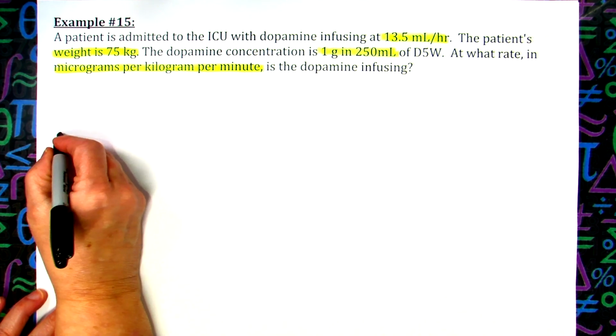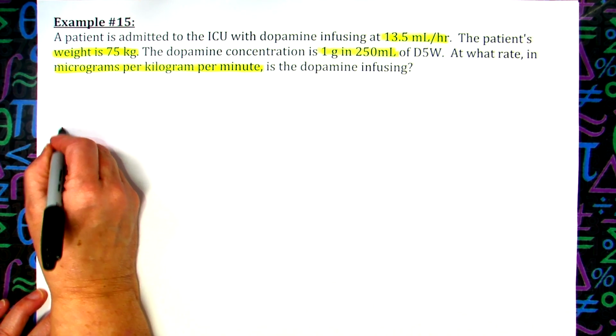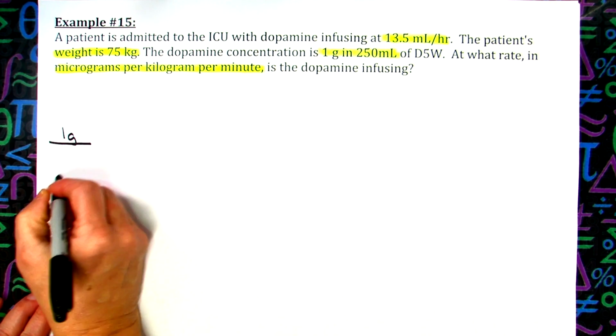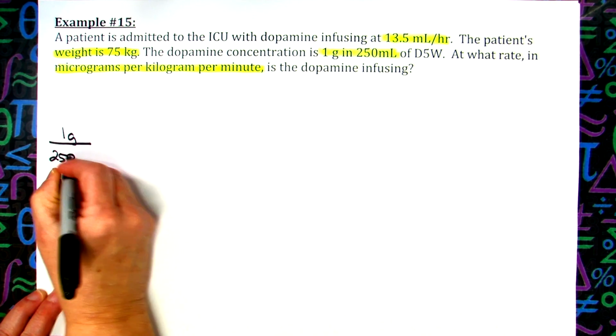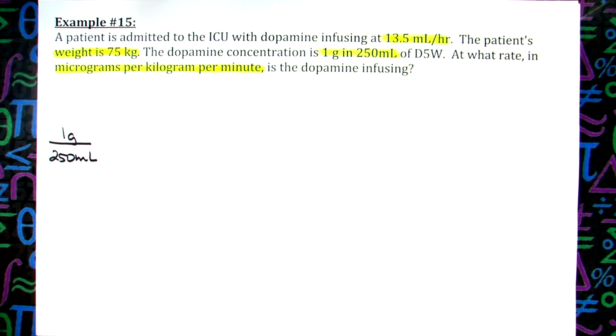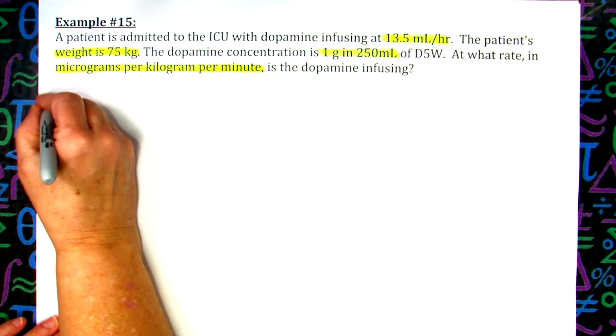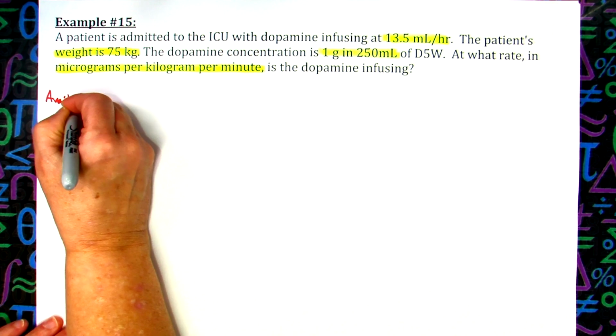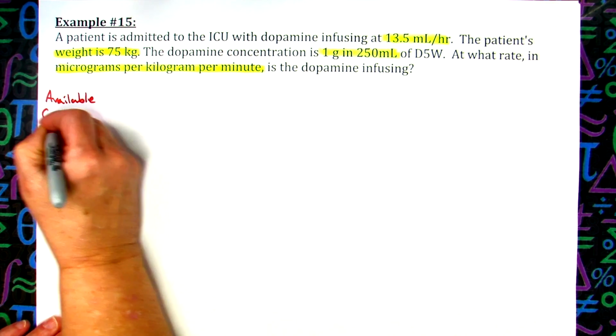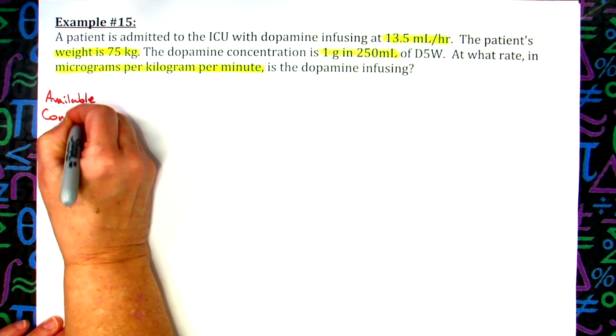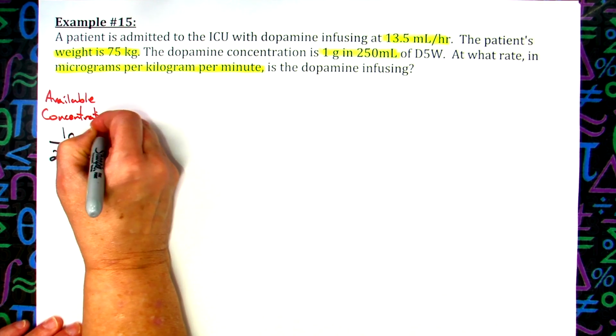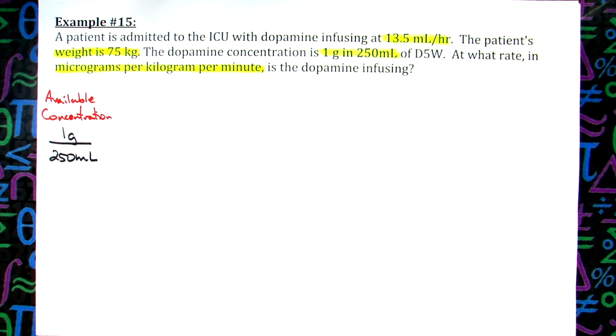So I'm just going to go ahead and go left to right, top to bottom. So I'm going to have 1 gram. I'm going to have 250 milliliters. That is my available concentration. Now what I'm going to do next is multiply by a conversion factor.